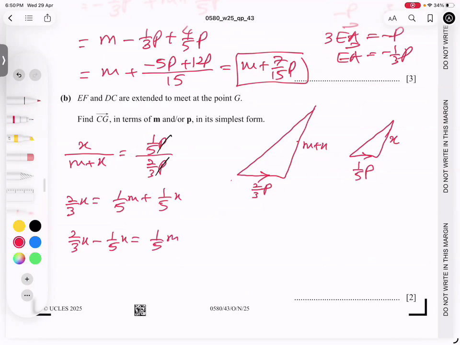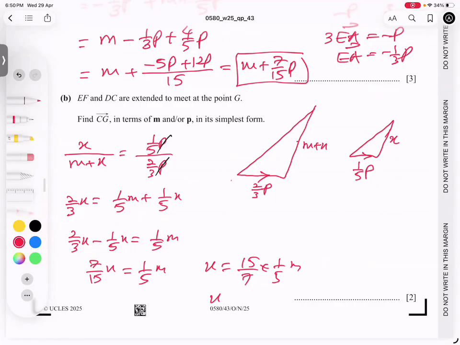So if I check it, what do I get? This is 2 over 3 minus 1 over 5. I'm getting here in fraction form 7 over 15X. And X is becoming with us. So this is cross multiply. And if I multiply 15 up and 7 down into 1 over 5 times 2M, this cancels out, students.